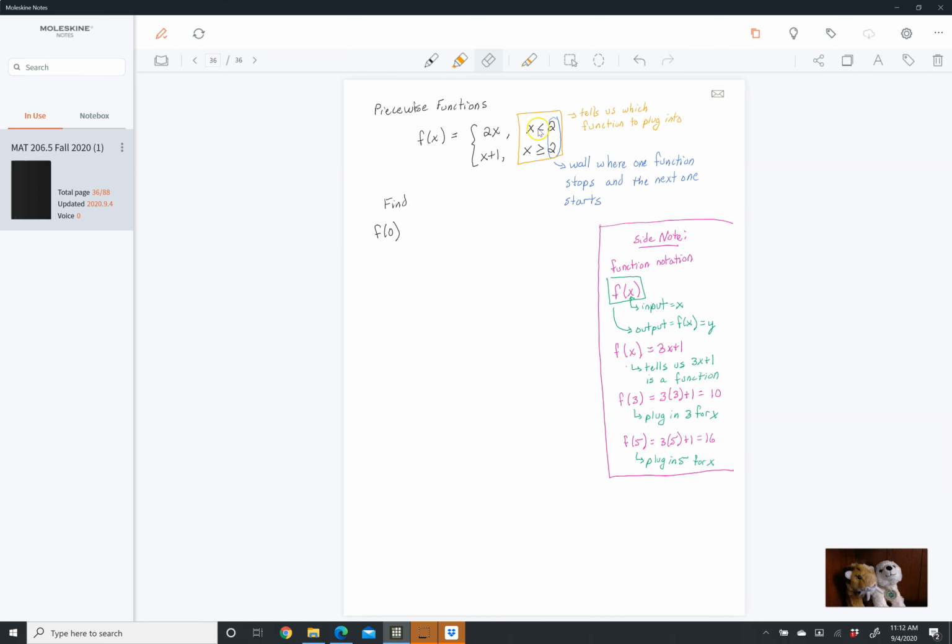Okay, because it's telling us, well, if our x is less than 2, then we're going to plug into 2x. If our x is greater than or equal to 2, then we're going to plug into x plus 1. So this says x is equal to 0. And 0 is less than 2. So we plug into the first function.